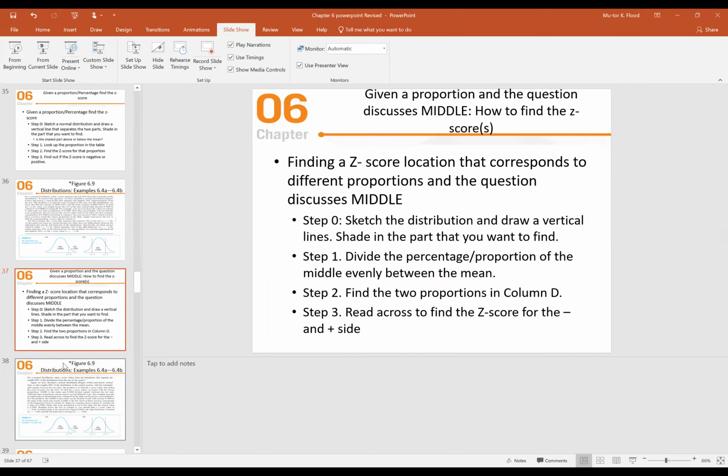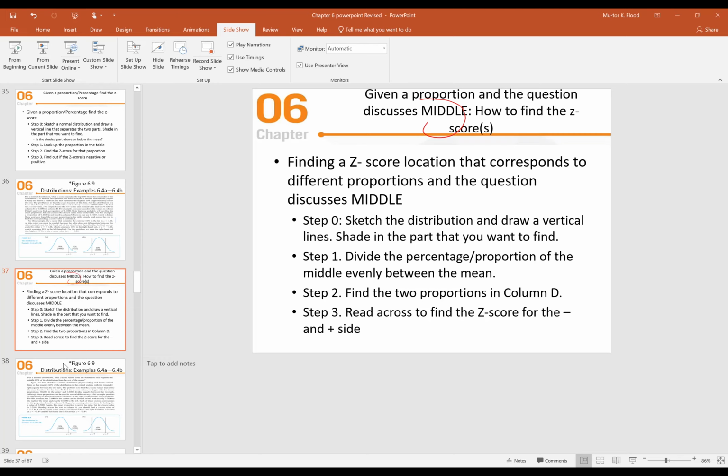Now, let's say the question gives you a proportion, and the question discusses anything that has the term middle in it. If it has the term middle in it, you're going to do something similar to this when it asks you to find the z-scores. So, finding a z-score location that corresponds to different proportions, where the question discusses middle. The first step is you're going to sketch the distribution and draw vertical lines.